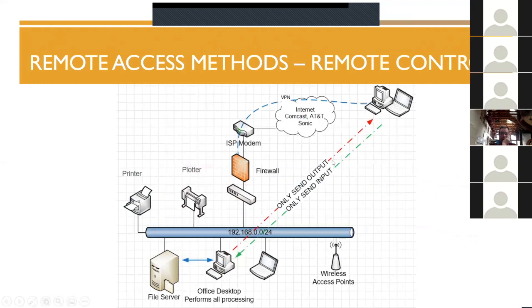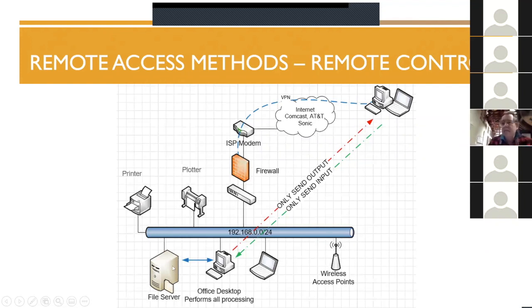So you're always sending inputs to your office computer, and then the computer only sends back what you see on the screen. So it's not full files being transferred, it's just a little bit of data: mouse clicks, keyboard keystrokes, and video output that's getting sent back.